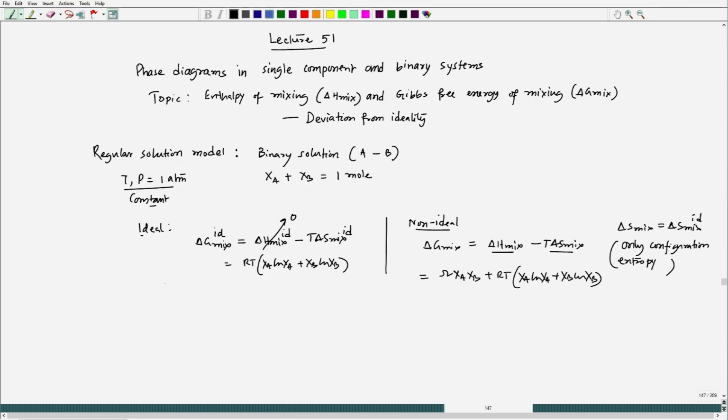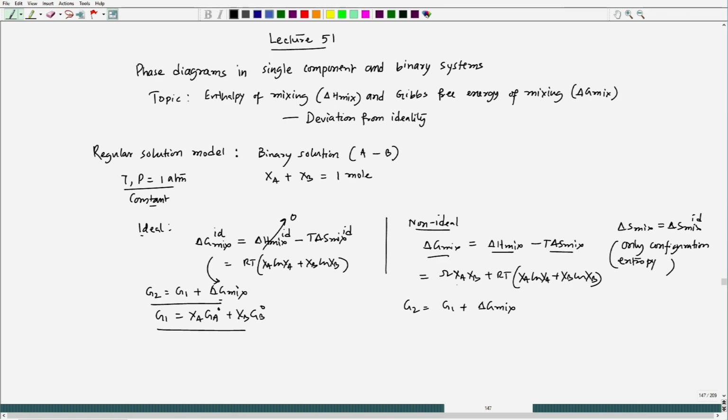And if I try to see the solution Gibbs free energy G 2, which is for the solution, it equals G 1, which is the unmixed condition, plus delta G mix. You can replace this delta G mix with this, and G 1 can be written as X A G A naught plus X B G B naught. Fine. Here also G 2 can be written as G 1 plus delta G mix.